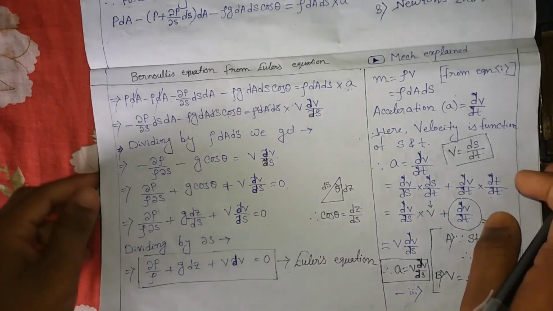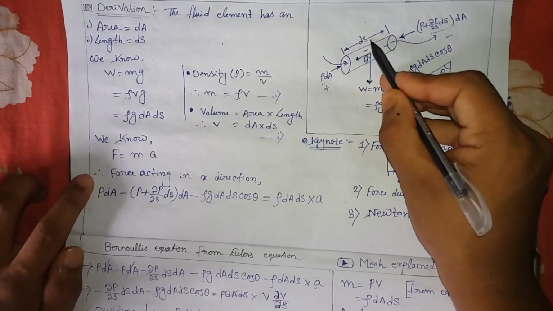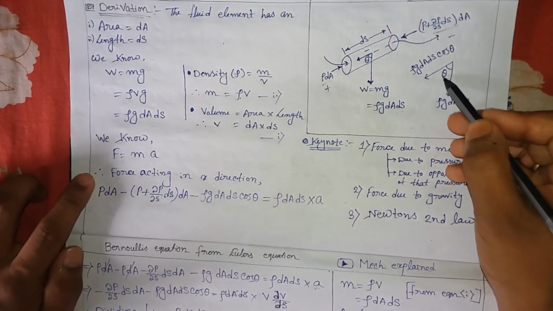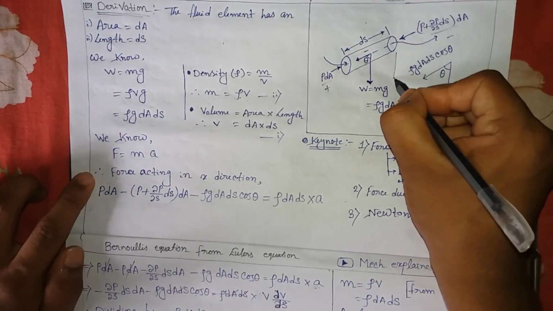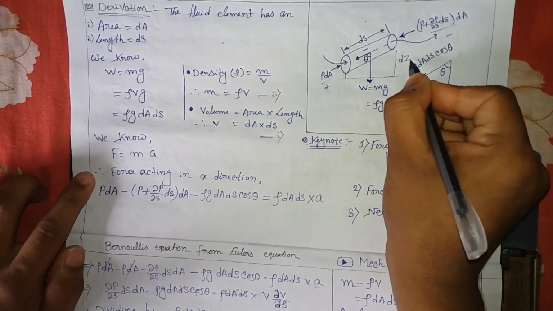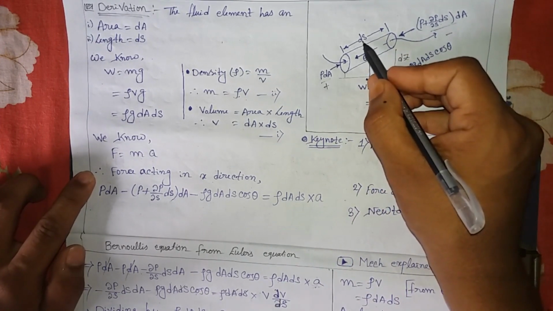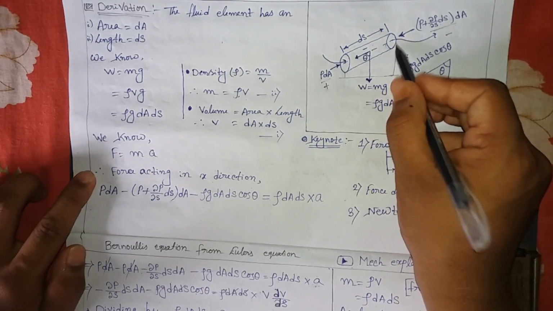So now, this is ds in this direction, and this is z, the distance from the datum line. This is dz and this is ds, and both make an angle of theta. Here also it will be theta.